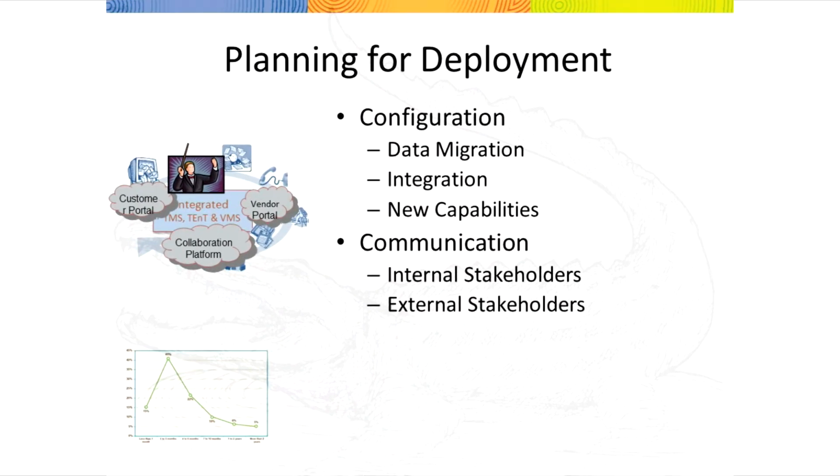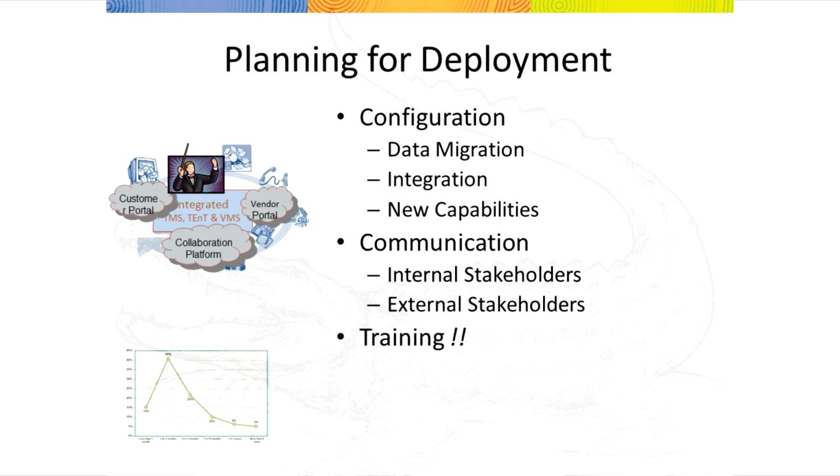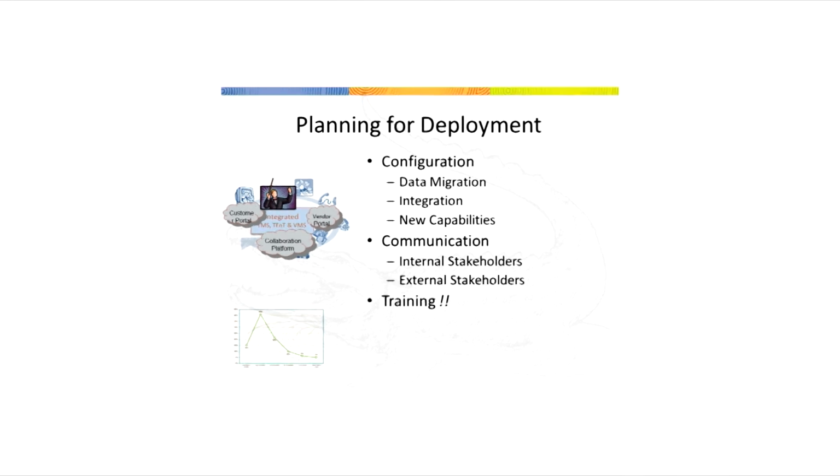You want to focus on communication: internal stakeholders, your own employees, project managers, account managers, but also the external stakeholders that are going to be affected by the system. Training. As an employee of mine once said, if you think training's expensive, try ignorance. Invest in training. Invest in training for your vendors even, not just your own employees. And then plan the cutover.